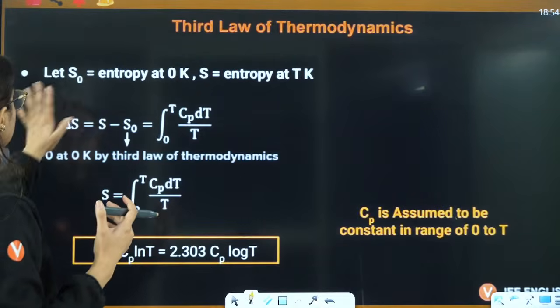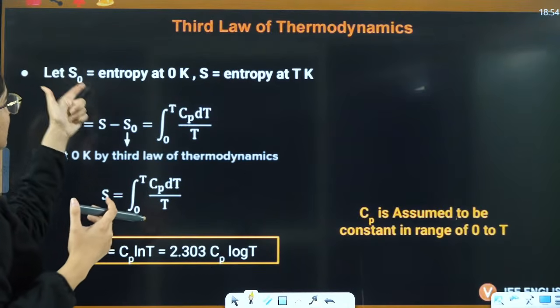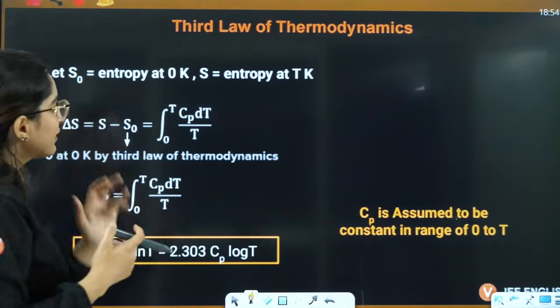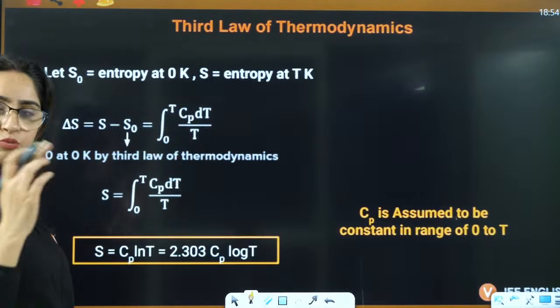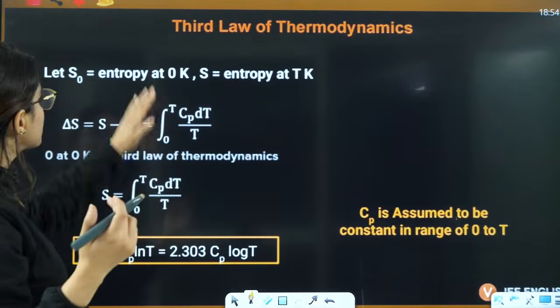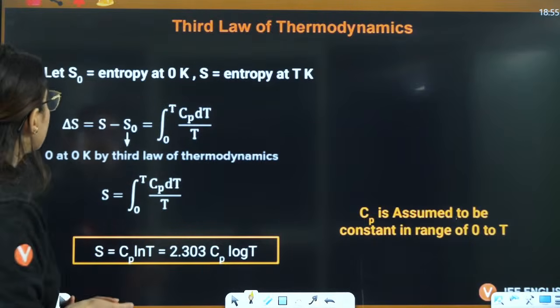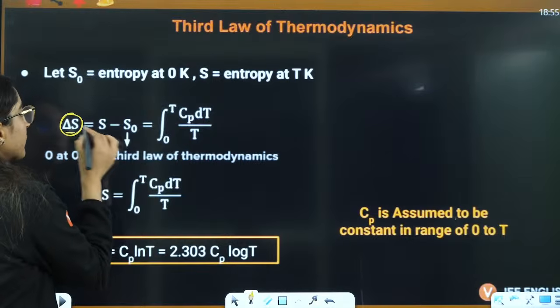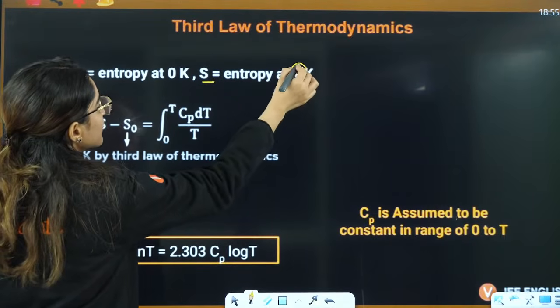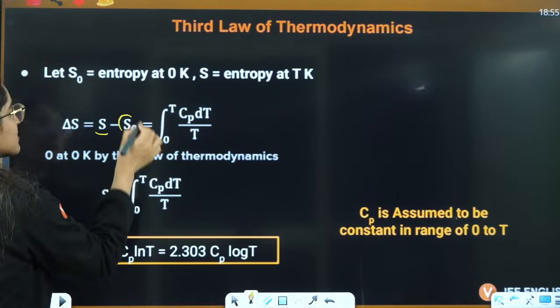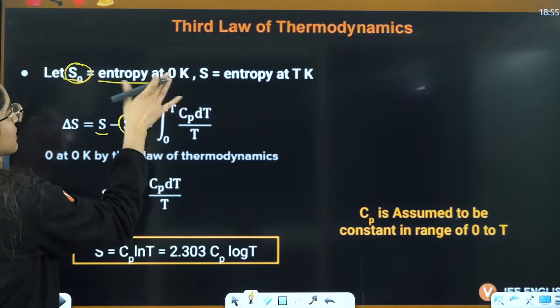Let's say S0 is the entropy at 0 Kelvin and S is the entropy at T Kelvin. Two temperatures you have. Now, delta S is nothing but S, the entropy at T Kelvin, minus the entropy at 0 Kelvin, that is S naught.